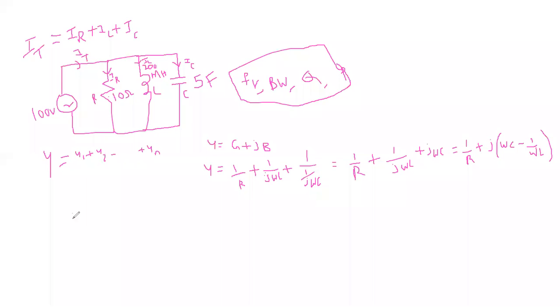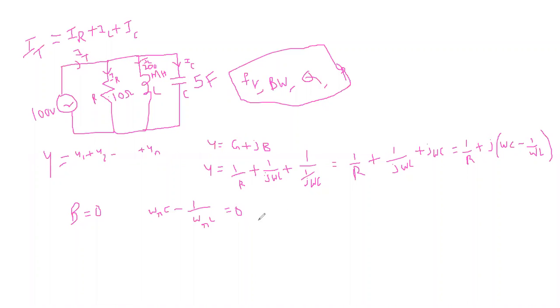That means B equals 0. B equals 0 means, at resonant condition, omega C minus 1 by omega L equals 0.